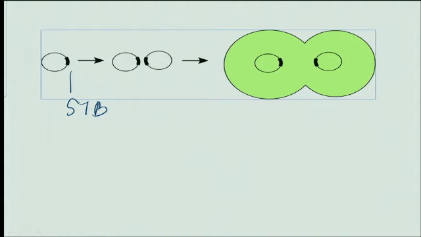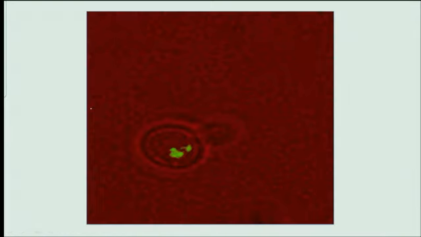Each copy replicates once per cell cycle, just like chromosomes. Just like each of the 16 chromosomes becomes 2 after replication, the 60 copies become 120, and then they are segregated to daughter cells.